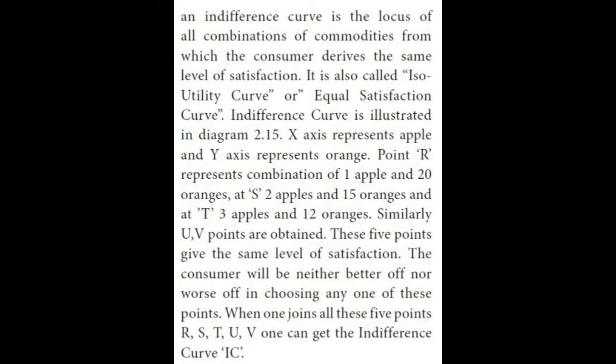Point T represents 3 apples and 12 oranges. Point U represents 4 apples and 10 oranges, and V represents 5 apples and 9 oranges. So these five points give the same level of satisfaction.